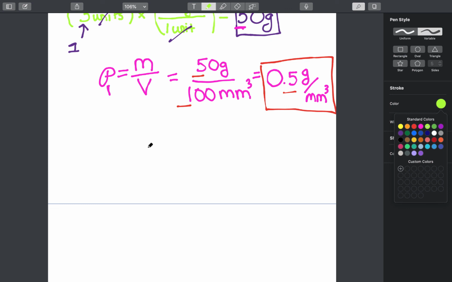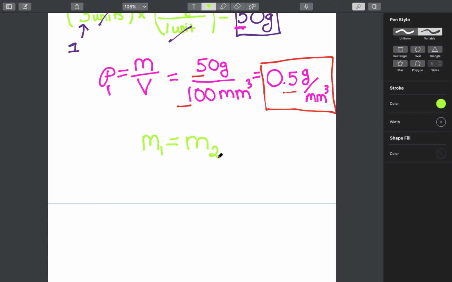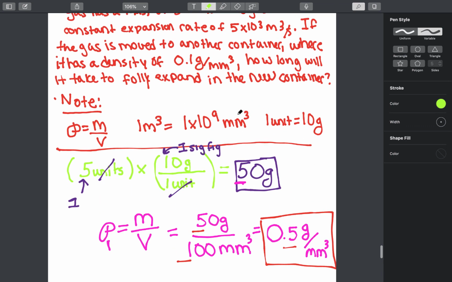So therefore, the mass of the gas in container 1 should equal the mass of the gas in container 2, right? So how can I find the volume in the second container? Well, we have the density in the second container, and we have the density in the original container.